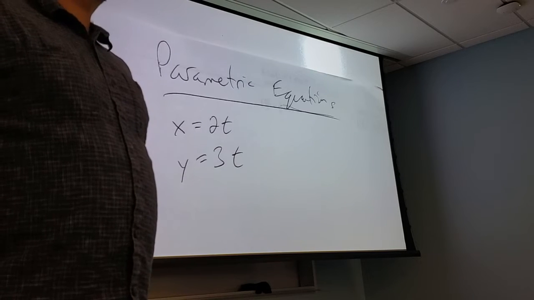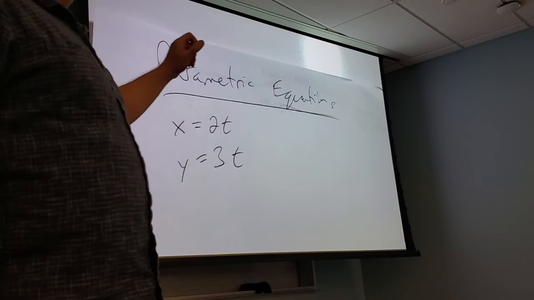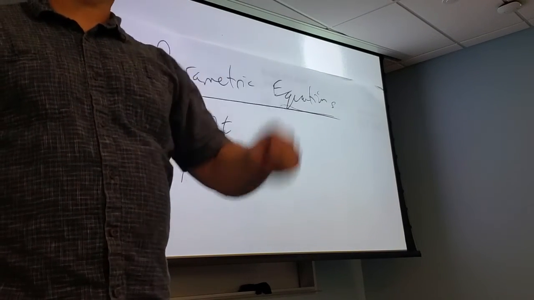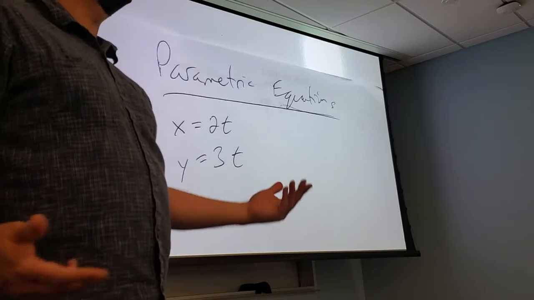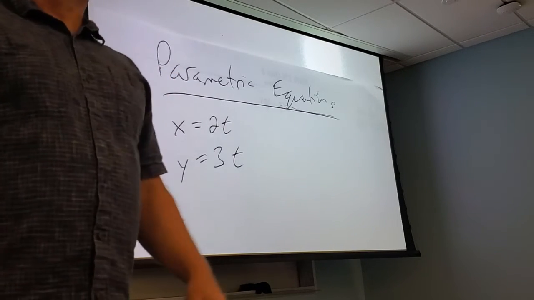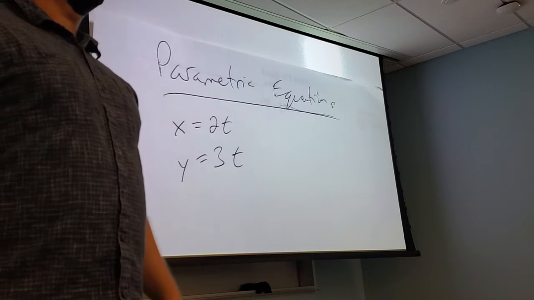As I change t, don't x and y both change? Which one is changing faster? Y. It's changing 3 times every time t changes versus 2. So it's 1.5 times as fast as x.